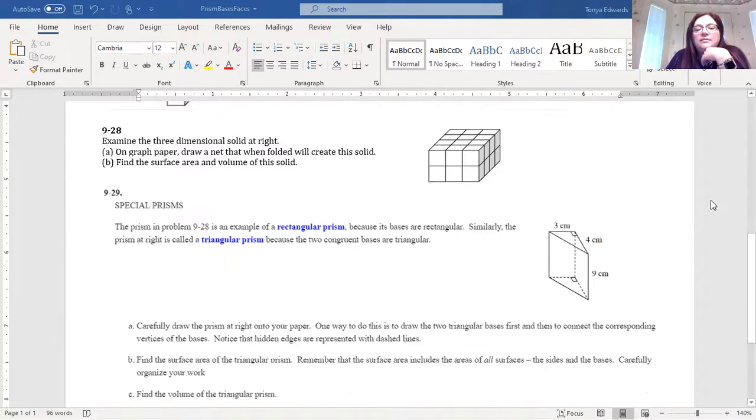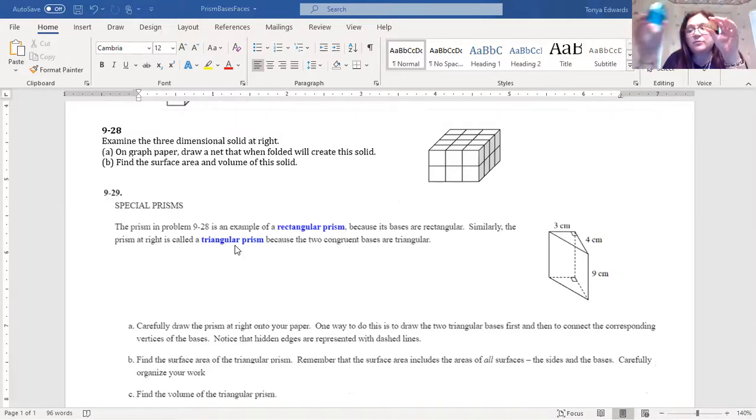And then for 929, we're talking about triangular prisms. We've seen those before. Now the triangular prisms we've seen have been equilateral triangles at the end, and squares or rectangles through the sides.